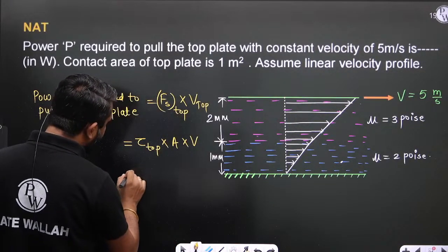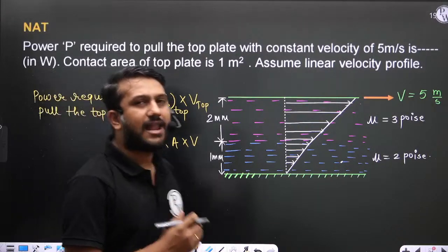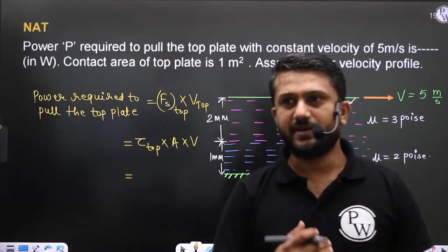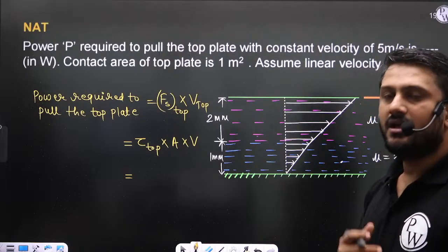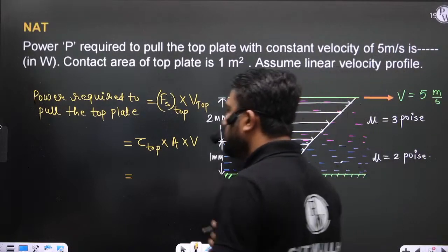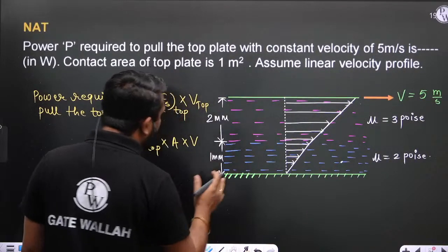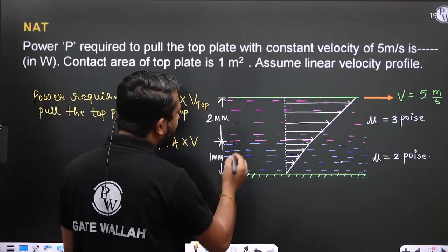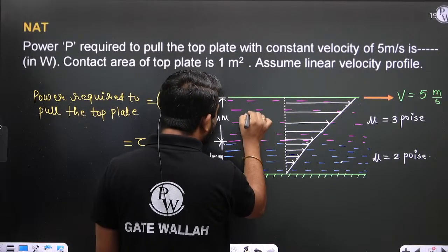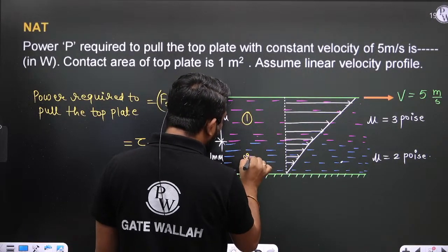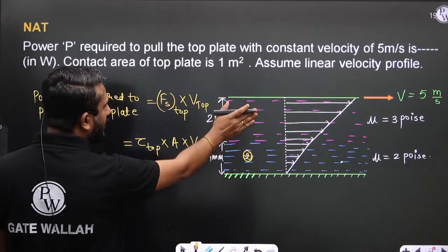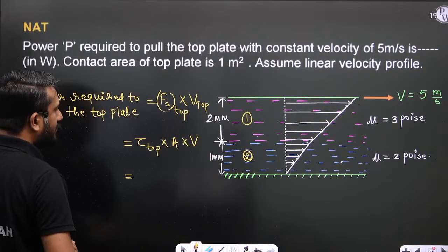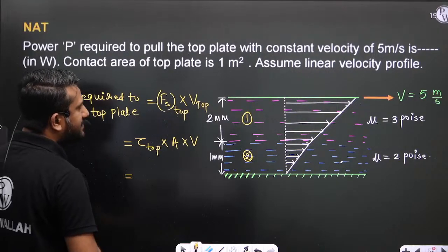For calculation of the shear stress experienced by the top plate, we have Newton's law of viscosity, correct? So apply Newton's law of viscosity. Let us consider, beta, this is fluid number 1 and this is fluid number 2. So what is the shear stress experienced by the top plate?